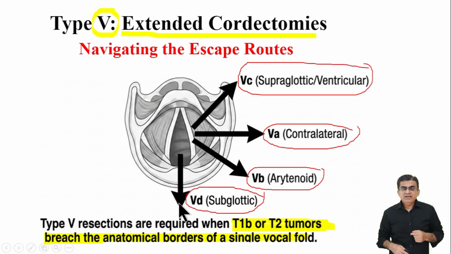This represents the inferior or subglottic extension. This means the cancer is creeping downward into the subglottic region below the vocal cords. We will discuss the specific surgical rules and the severe functional warnings for each of these direct extensions in our next few slides.